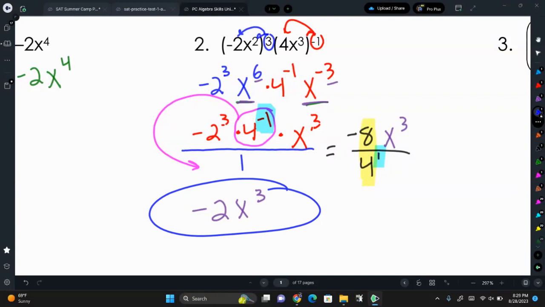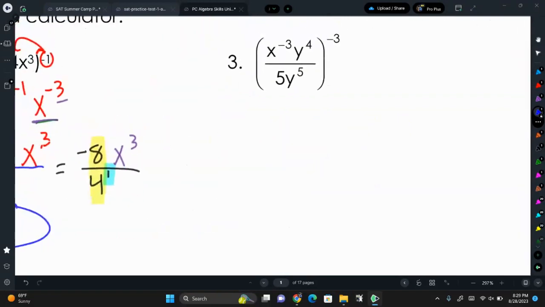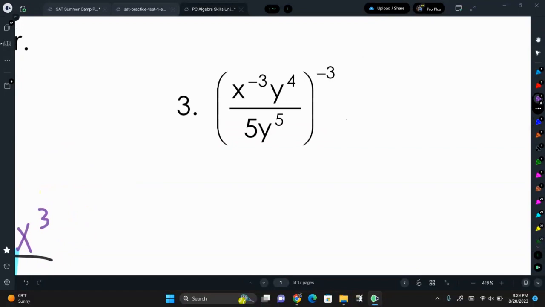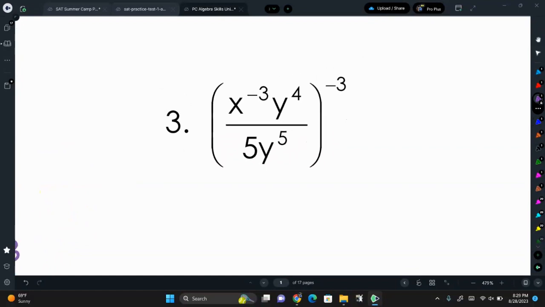All right, so then this third example, we have this negative third power outside. So we can distribute that to everything.